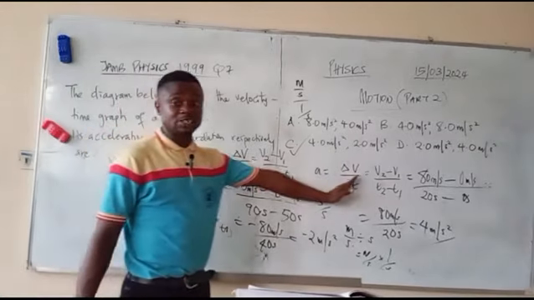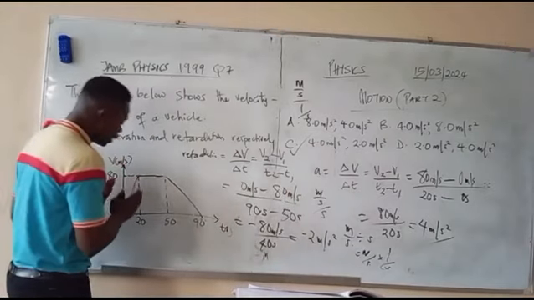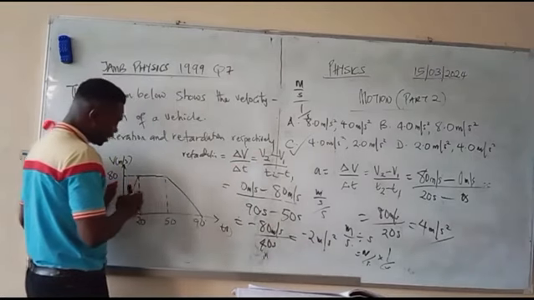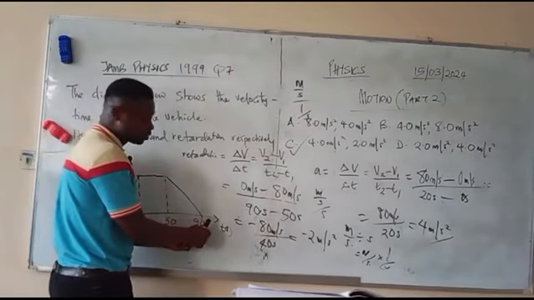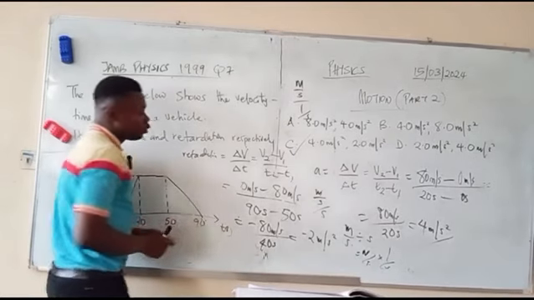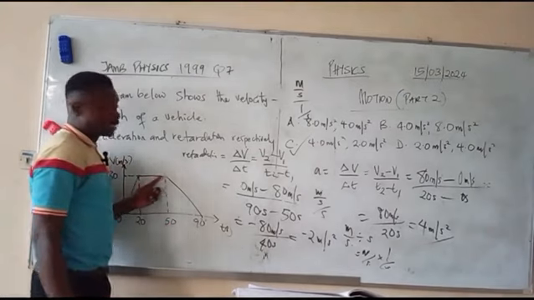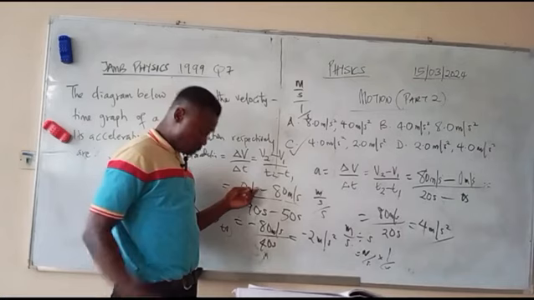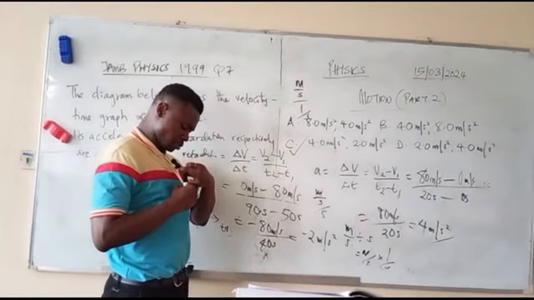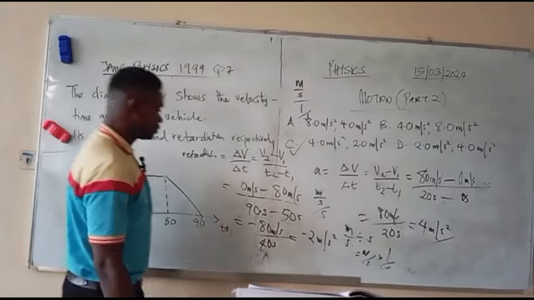It's the same formula, for acceleration and retardation. Minus 80 meters per second.